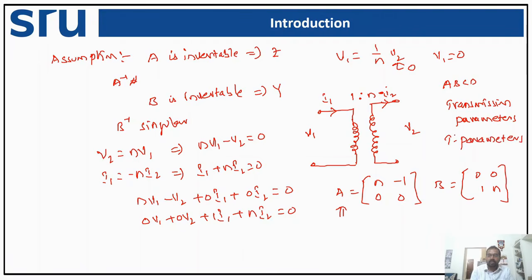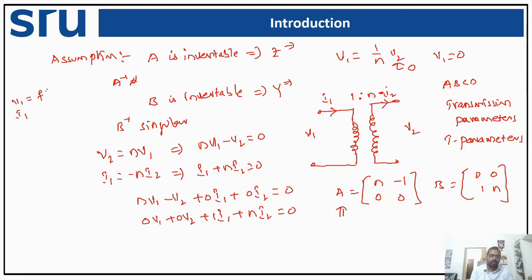So what's the main feature here? In Z parameters, currents are independent and voltages are dependent, and in the Y matrix, currents are dependent and voltages are independent. But here in the ABCD transmission parameters, it tries to relate the input side to the output side. That is, my V1 and I1 are functions of the output parameters.